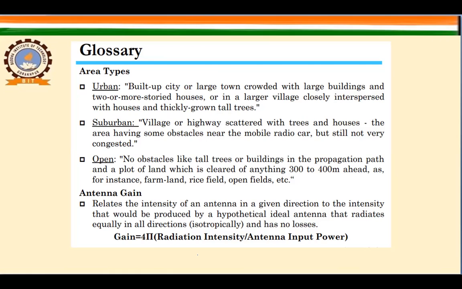So you can say this is given by the formula 4 pi d square divided by the power of the transmitter antenna.